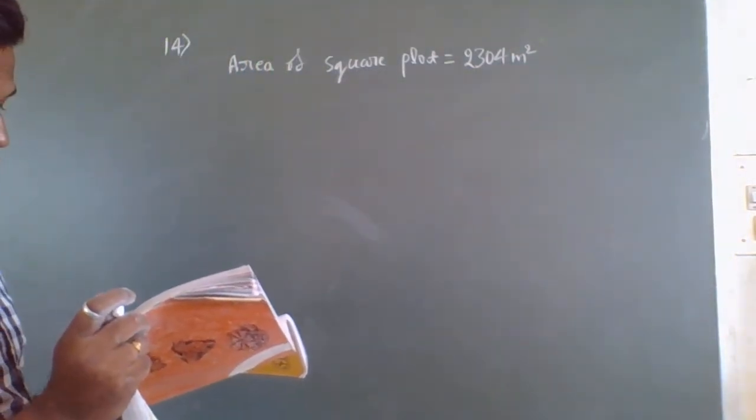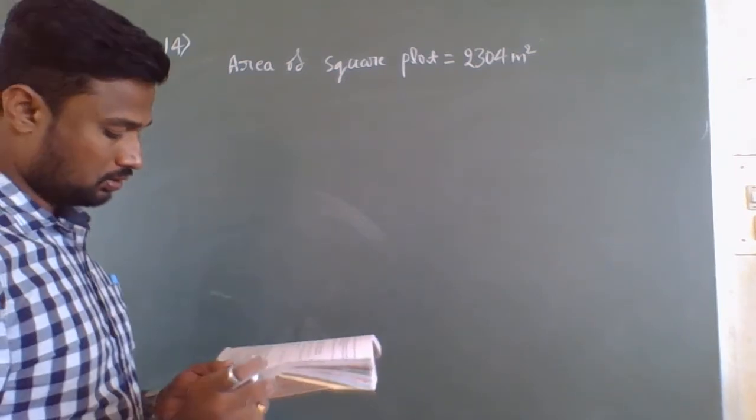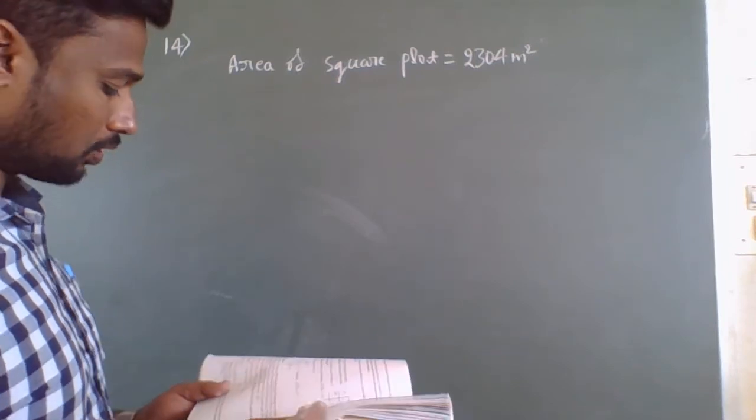Find the side of the square plot. So we have to find the side of the square plot.